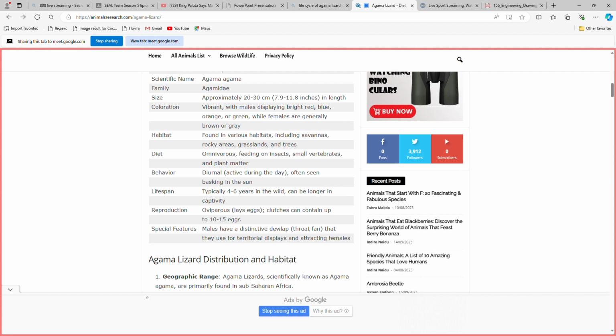Then when we say their coloration, it means they are found in many colors. The males display bright red, blue, orange, and green colors, whilst the females are generally brown or gray.